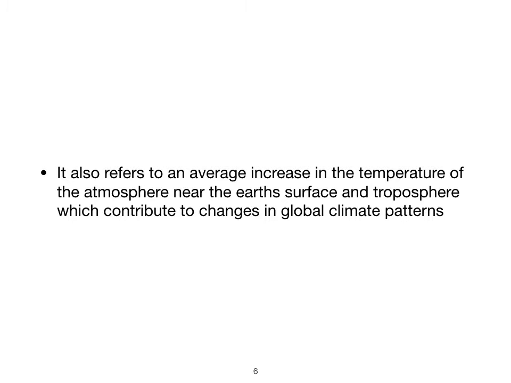We see that the patterns are changing. Some of the colder regions are witnessing a lot of heat waves now, and similarly, there have been melting glaciers. Even the timings of summers, or the prolongation of summers or the early winters, have also shifted a lot. So we can say that yes, if the Earth temperature increases and it changes global climate patterns, that is also a kind of global warming.